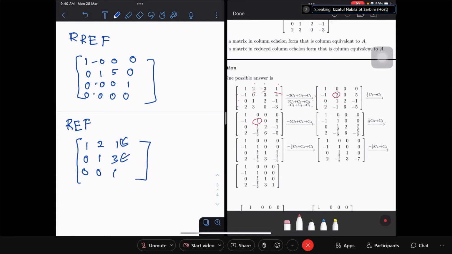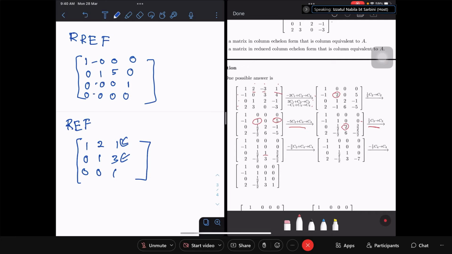So we need to zero out 5 here. It's a little bit different from the row echelon form. This is the operation, so you zero it out. The next one, you need to identify the third leading one, which is this one. You have to make it become 1 by this operation.